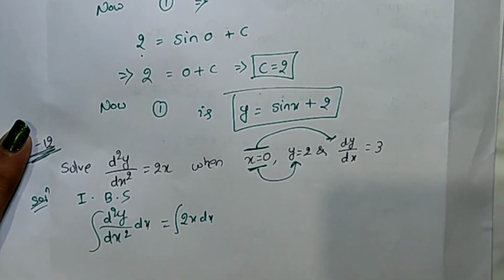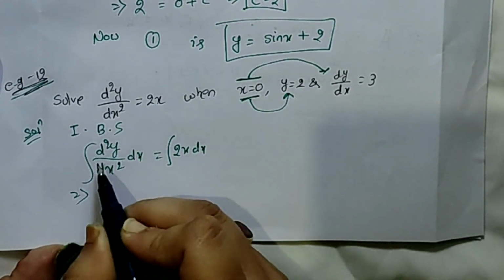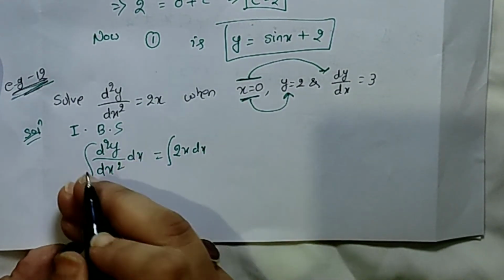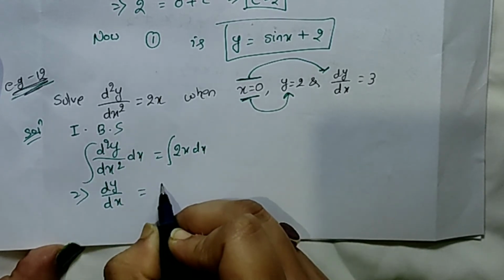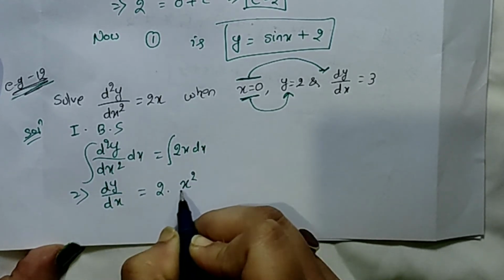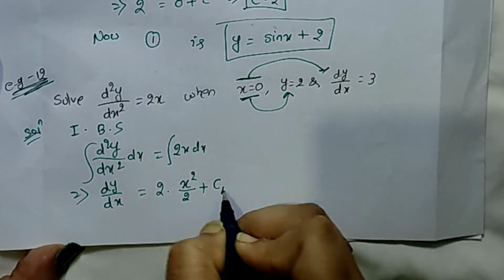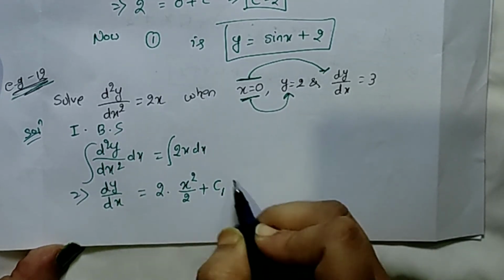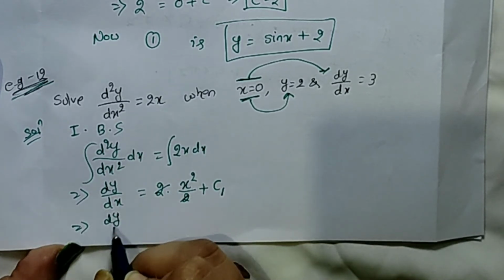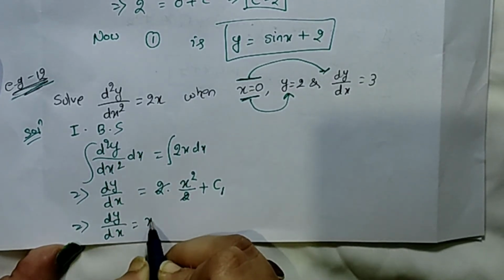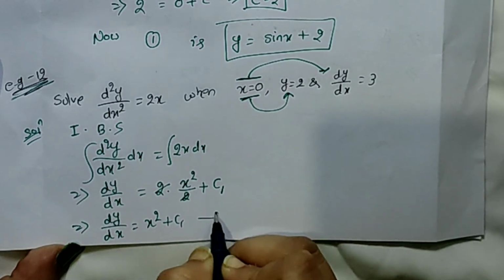Integrating the second order derivative once gives dy by dx, which is equal to 2 is constant, integration of x is x square by 2, plus c1 the arbitrary constant. Cancelling the 2, I get dy by dx is equal to x square plus c1. This is equation 1.